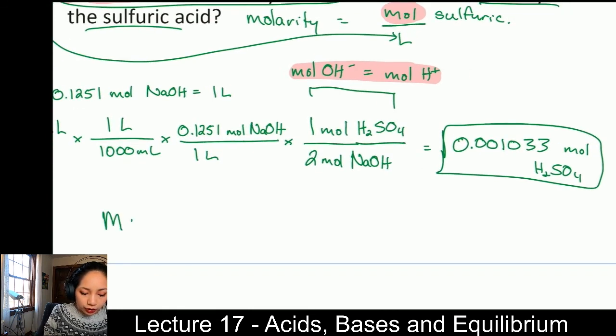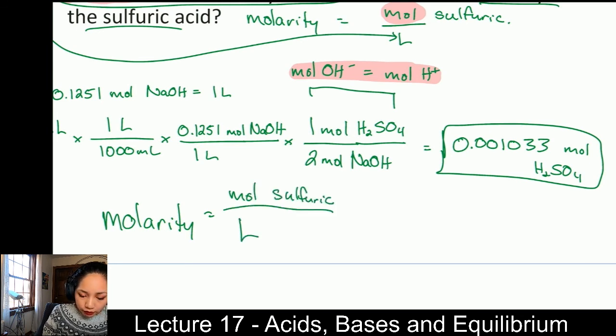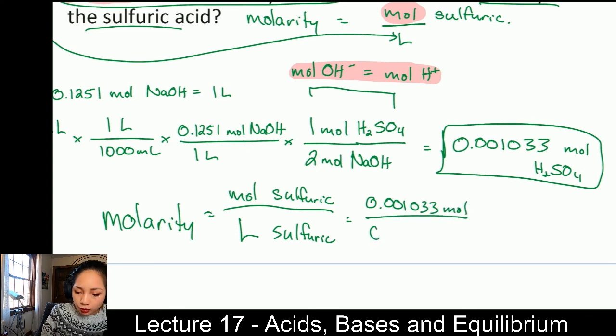If we want to calculate molarity, we do moles of sulfuric acid over the volume or liters of sulfuric acid, and we have both those numbers. Moles is equal to 0.001033 moles, and the volume that we started with was 10 milliliters or 0.01000 liters.